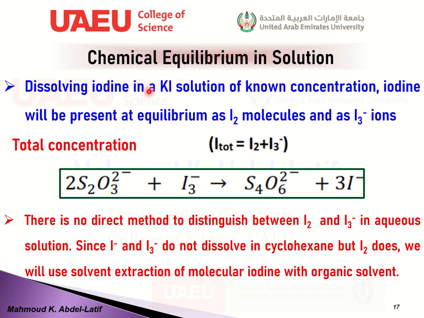Dissolving molecular iodine in an iodide solution of known concentration, iodine will be present at equilibrium as I2 and tri-iodide. You can determine the total iodine by titration with sodium thiosulfate, according to this equation, thiosulfate with tri-iodide to give you iodide ion.